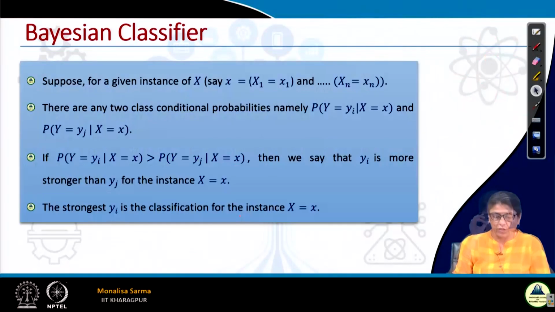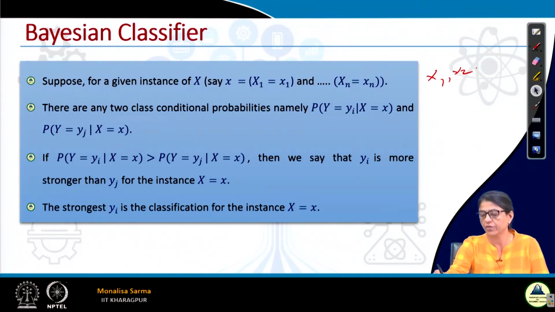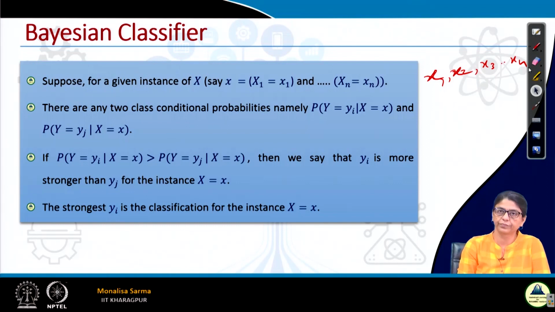Now suppose for a given instance of x, it takes values x1, x2, x3 up to xn.